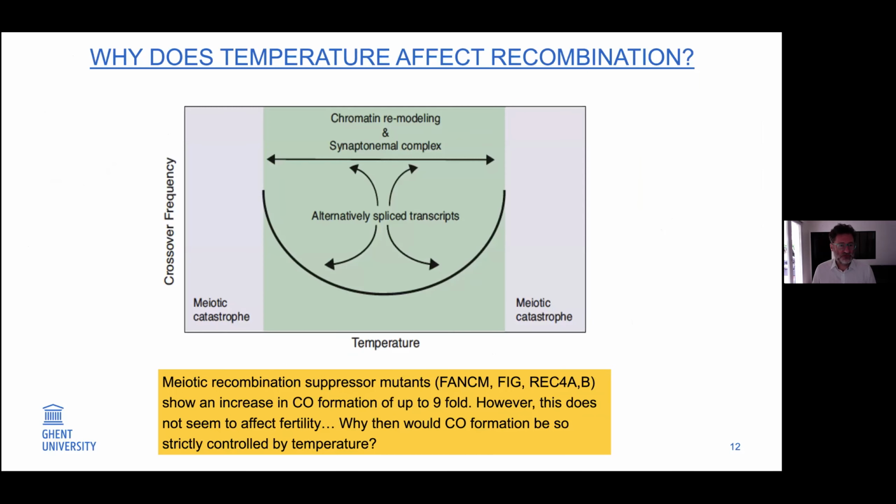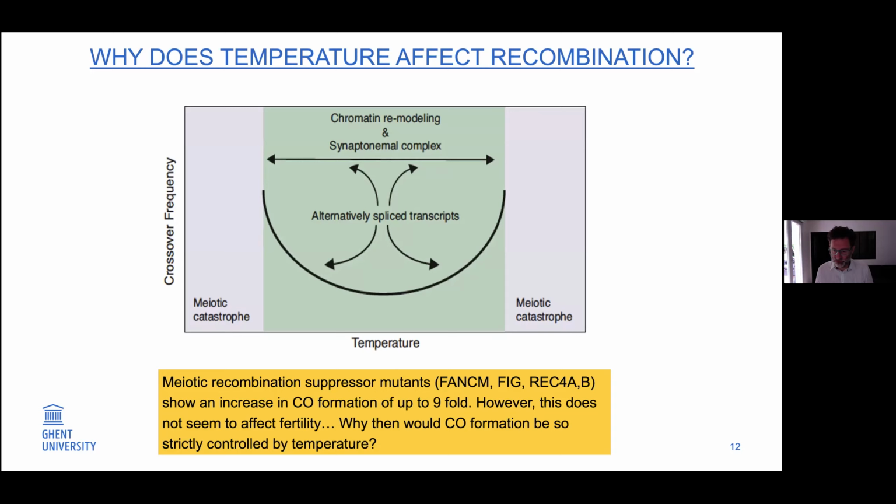So that leaves us with the question: there's a change in recombination frequency with temperature, but why would recombination be sensitive to temperature? This is particularly an interesting question in the light of recent studies investigating factors that reduce recombination suppression.